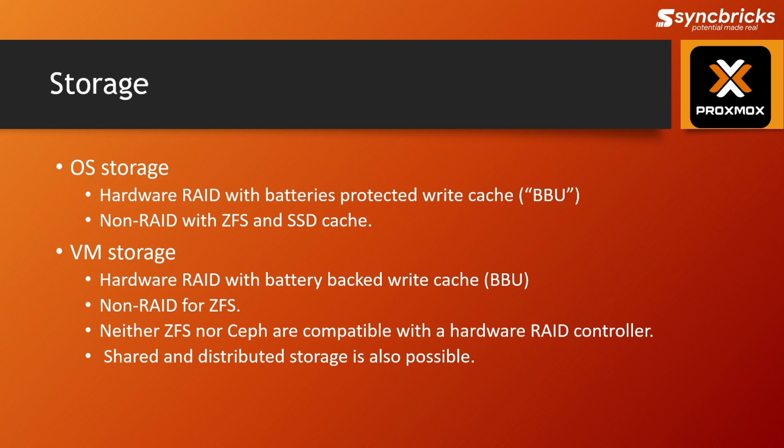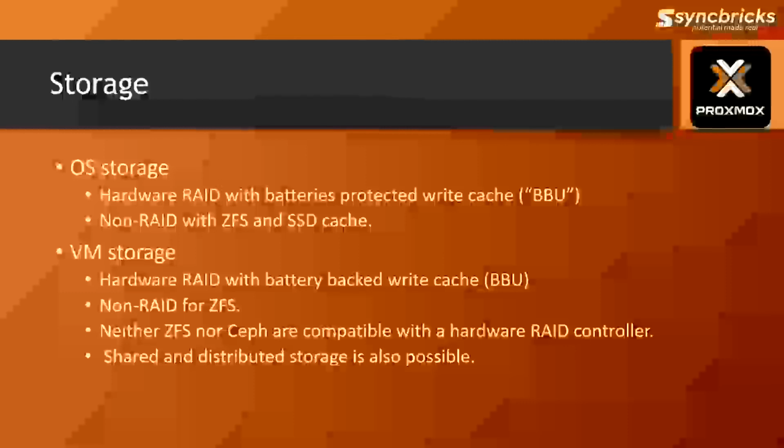For VM storage and other storage purposes, you can use hardware RAID, which is always recommended for fault tolerance. And if you don't have hardware RAID, then you can take your multiple disks and create the ZFS software RAID. ZFS and Ceph are not available with any hardware RAID. So if you have configured hardware RAID, then ZFS and Ceph storage will not be configured.